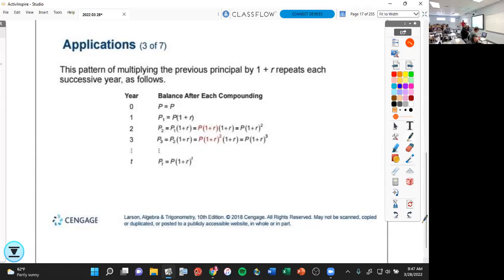And we could go to any number we want. So P sub t, meaning I don't care how many years we're going to do this, if it's compounded once a year, the formula is going to be P times 1 plus r raised to the t power. Because you can take that principal and multiply it by 1 plus the interest over and over and over again. Moving on.